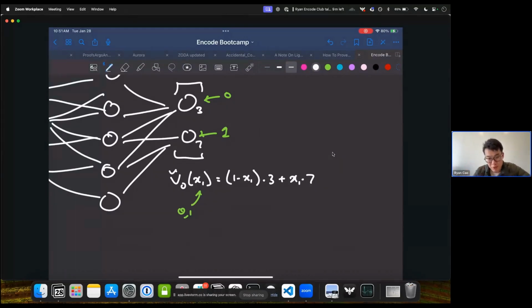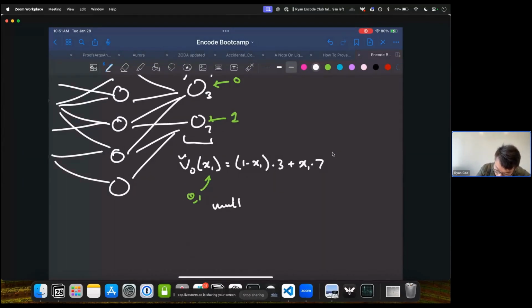The reason it's called a multilinear extension, which is also known as an MLE, is that, first off, it is linear in x1. In other words, x1 is always a degree 1 variable.